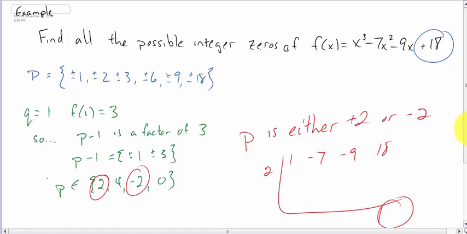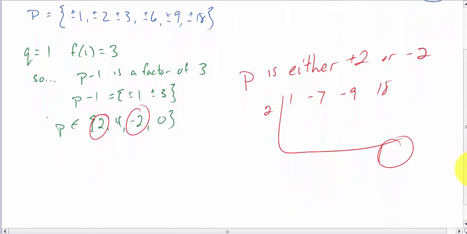We could also use Descartes' rule of sign changes. For our polynomial, the signs are going positive, negative, negative, positive. So there's 2 positive roots or 0.